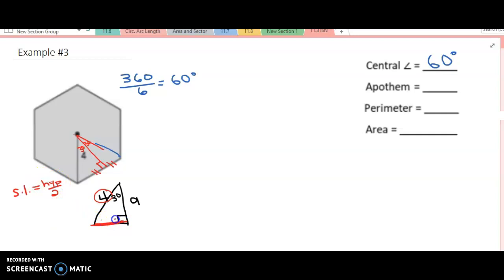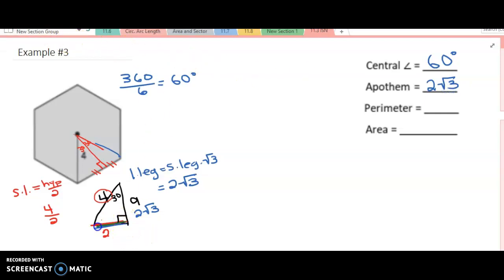This is my short leg, so it would be 4 divided by 2, which gives me 2. Then after I have my short leg, my long leg equals my short leg times square root of 3. Well, guys, my long leg is 2 times square root of 3. So my apothem is 2 square root of 3.